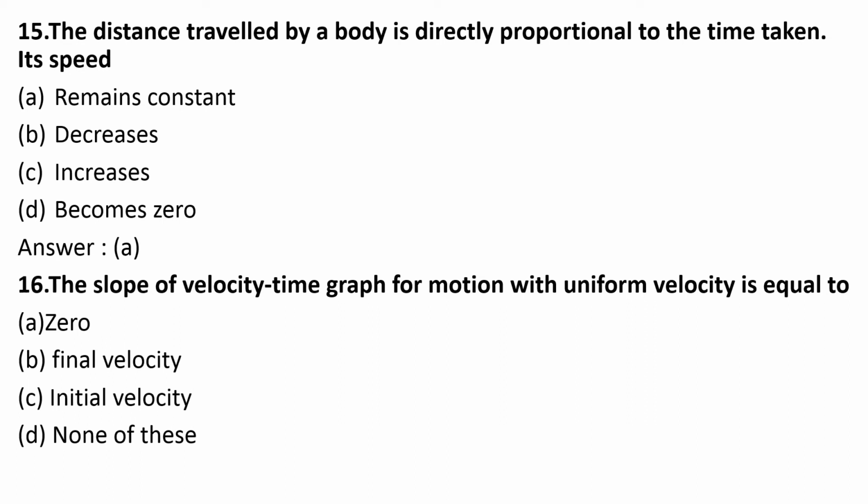For uniform velocity, you get the velocity time graph as a straight line parallel to the time axis. So in that case, you get the slope as 0, because there is no change in the y coordinate. So the answer is option A, 0.